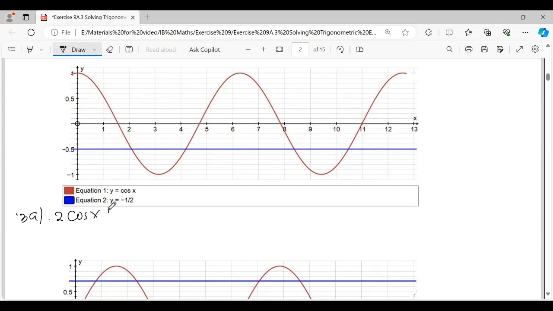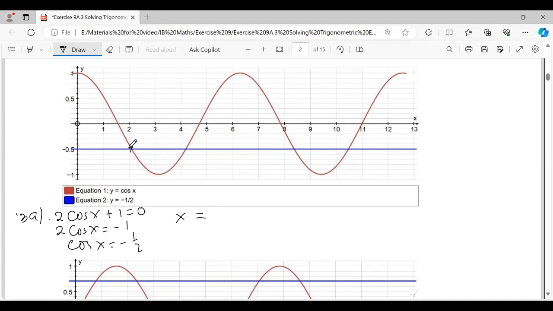2 cosine x plus 1 equals 0. 2 cosine x equals negative 1. So cosine x equals negative half. So x equals, okay, look at the intersection between this straight line y equals negative half and this graph y equals cosine x.